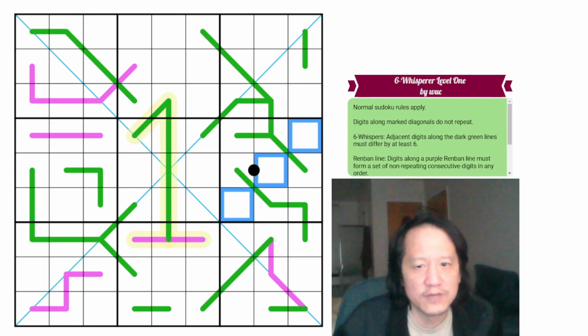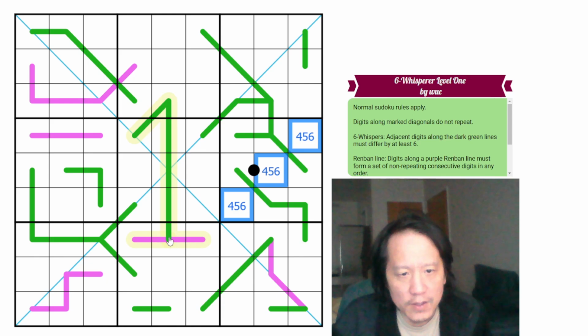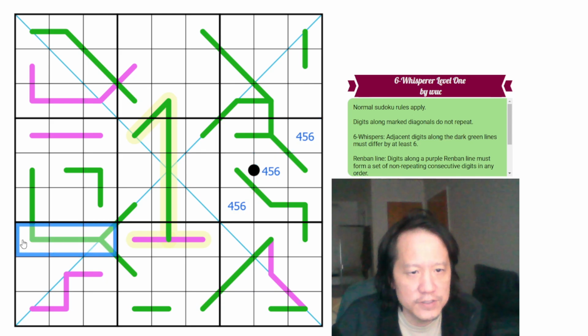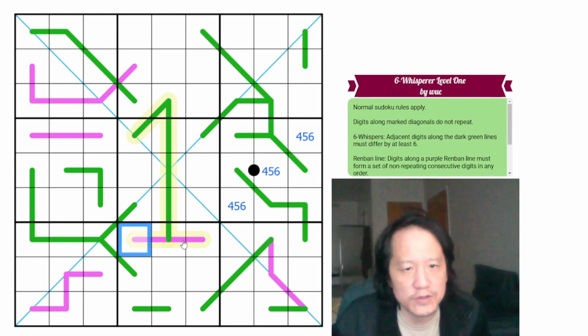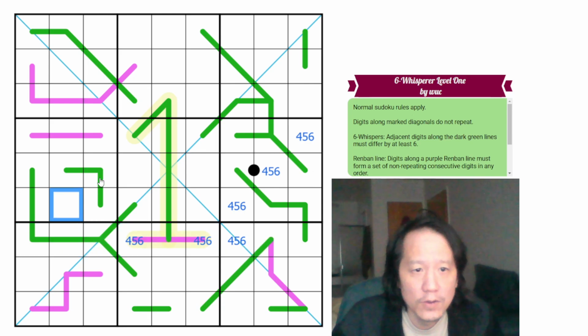Therefore, the rest of the digits must be 4, 5, and 6, right? Is there any other one? This has 3. This is 4. This is 5, 6. So the other digits must be 4, 5, and 6 on row 7. This is only 5.